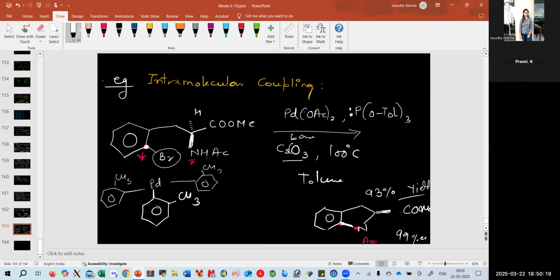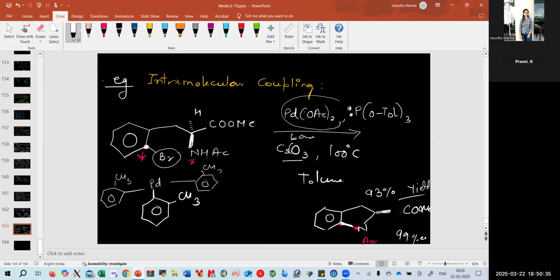So this is an intermolecular coupling where the retention of the configuration is happening when you're taking the palladium-based ligand and a monodentate ligand, which is the tri-ortho-tolyl phosphine at 100 degrees Celsius.